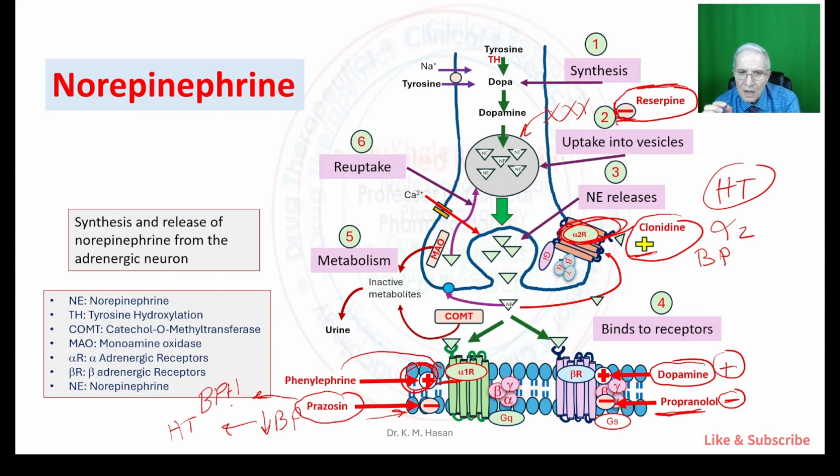Clonidine stimulates the presynaptic alpha 2 receptor. Dopamine stimulates the beta receptor. Propranolol blocks the beta receptor. Phenylephrine stimulates the alpha 1 receptor. Prazosin blocks the alpha 1 receptor. Now the question: what are the clinical applications of the medications on the norepinephrine pathway?